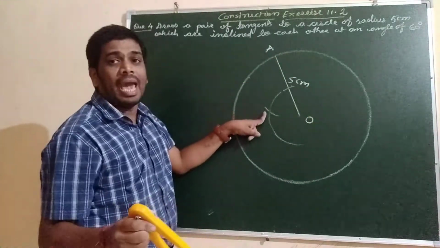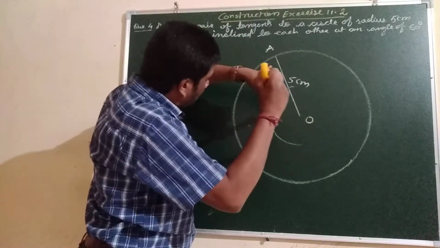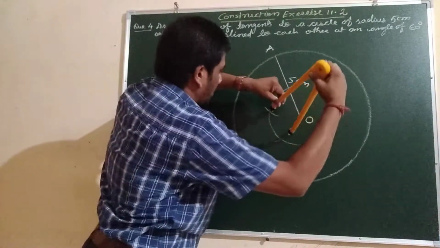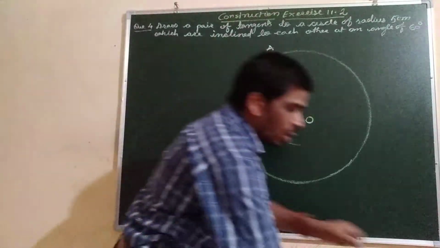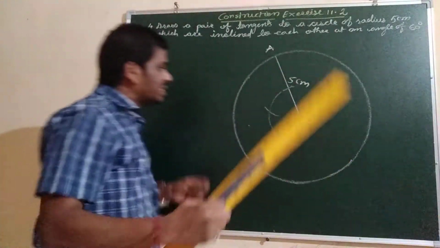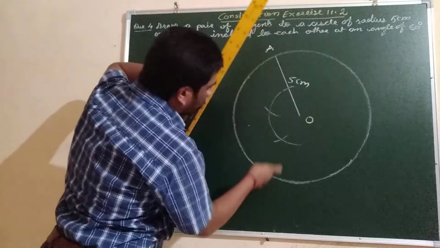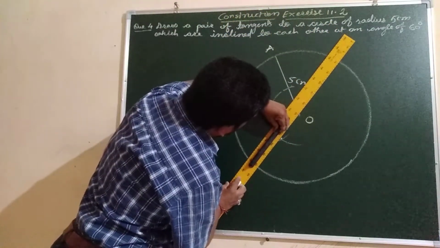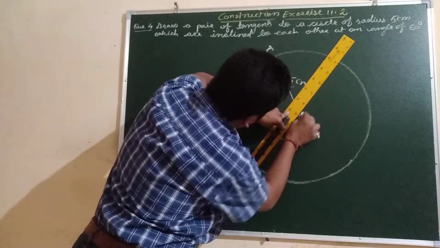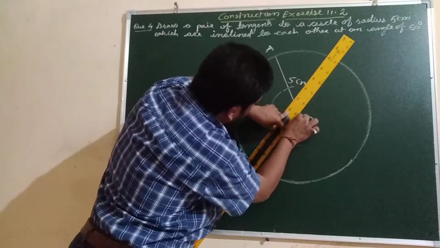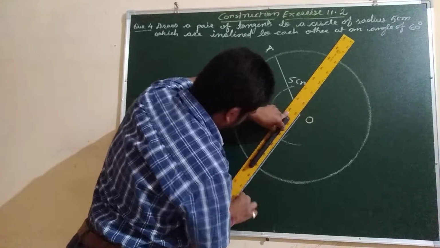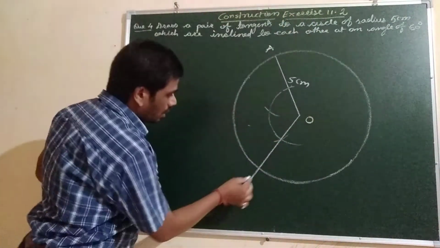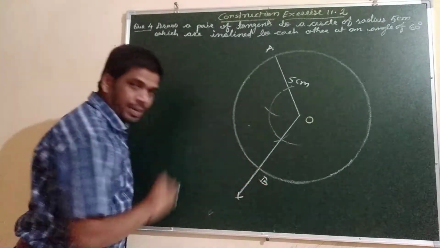So this will be angle 60 degree. If we make one more arc by the same radius, it will be 120 degree. Which means we made a 120 degree angle at the center O. We got the second point of intersection. So we will draw the line from O which passes through this intersection point. We can extend it. This point will be B.